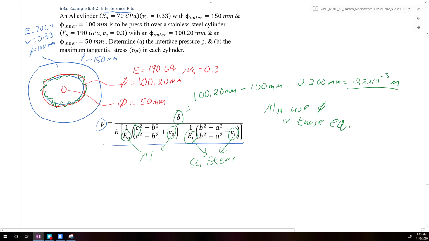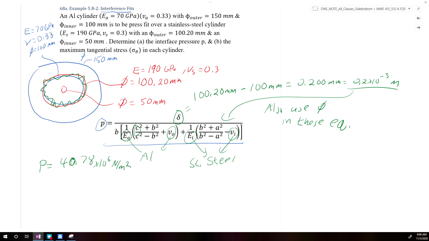If we plug all of these terms into this equation, we end up getting a pressure value of 40.78 times 10 to the sixth newtons per meter squared, or 40.78 megapascals.